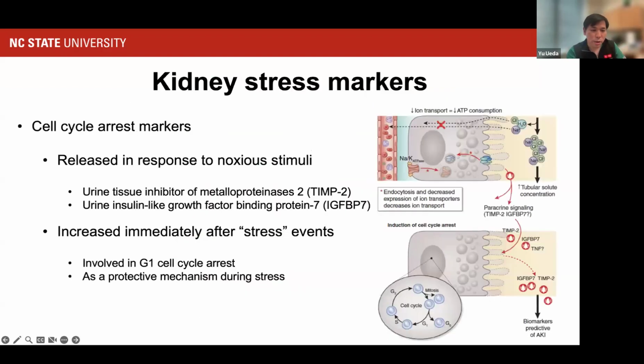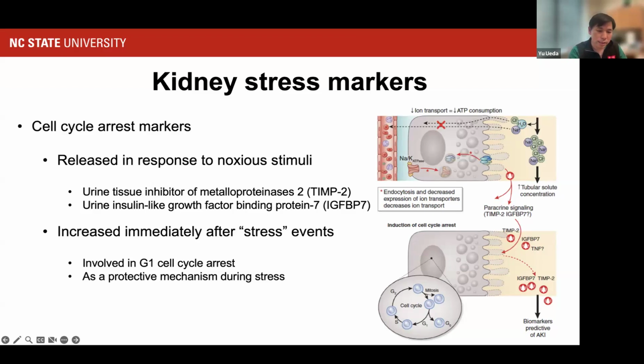And one of the kidney stress markers that has been investigated is also called the cell cycle arrest markers. These are the markers or molecules that are released in response to noxious stimuli like stress in the kidney cells, especially in the tubule cells. And these two markers and molecules are called urine tissue inhibitor of metalloproteinases 2, TIMP2, and insulin-like growth factor binding protein 7, IGFBP7.